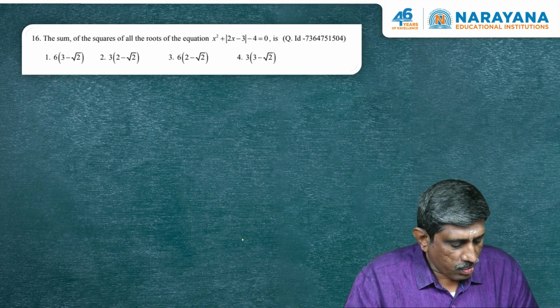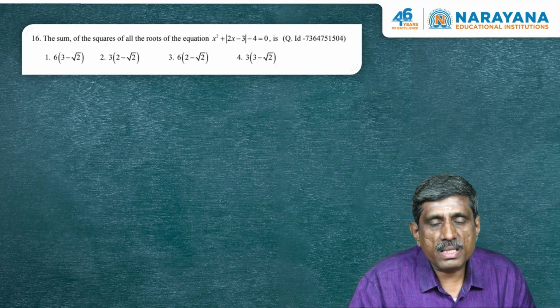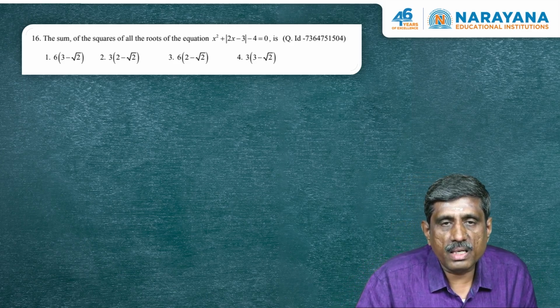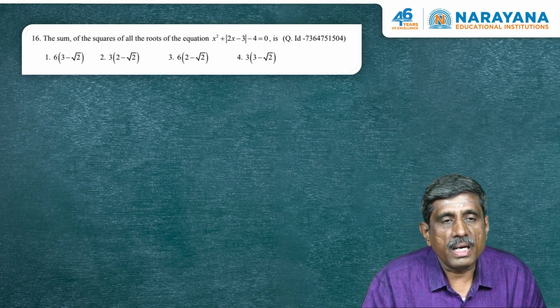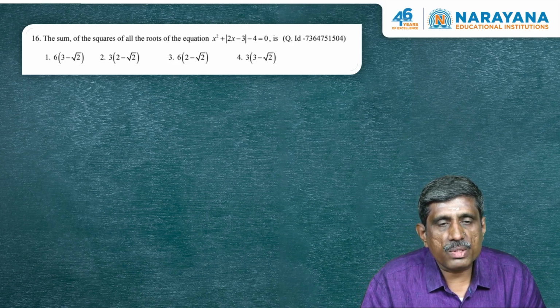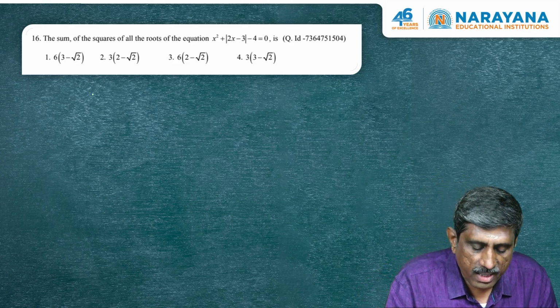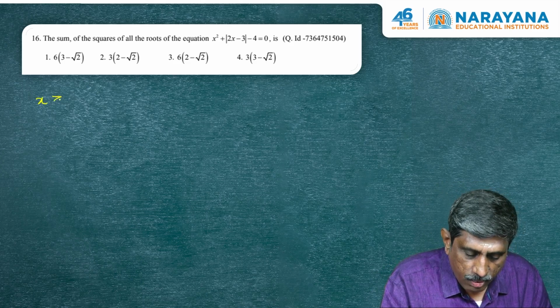The sum of the squares of the roots of the equation x square plus modulus of 2x minus 3 minus 4 is equal to 0. We have to find the roots of this equation and the sum of the squares of the roots. So, when you take the first case, x greater than or equal to 3 by 2, I can write modulus as plus.